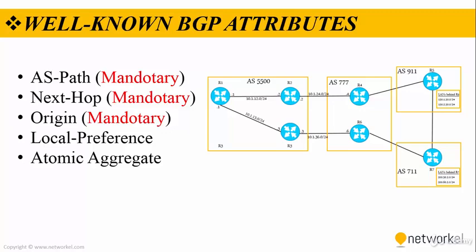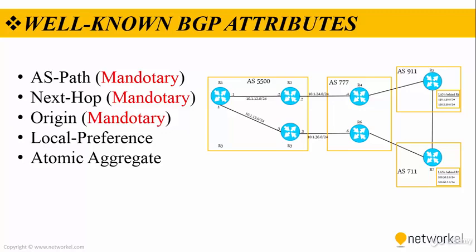Less ASPath are always preferred. The next hop feature specifies the next router to be traversed to the destination. Origin specifies how BGP learns the route, with IGP or EGP or in other forms with unknown origin.